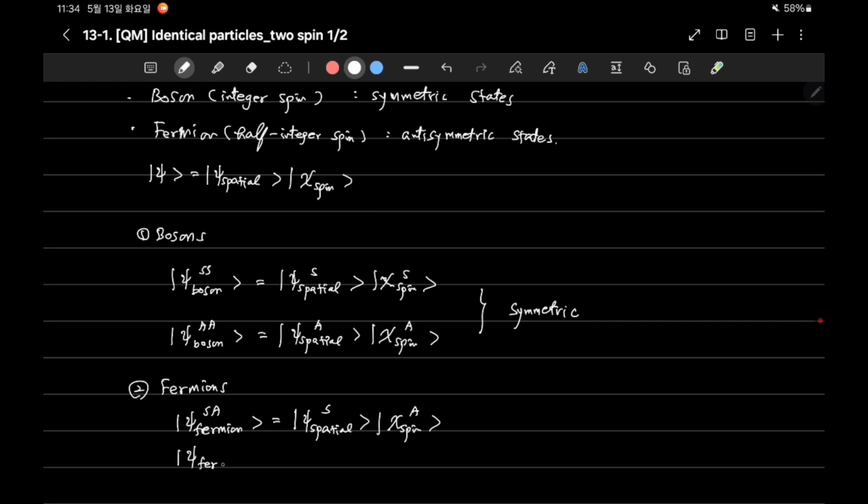In the antisymmetric-symmetric case, the spatial part is antisymmetric and the spin part is symmetric. Then the total wave function is also antisymmetric. So there are symmetric and antisymmetric wave functions, and two kinds of particles. In this chapter we deal with the symmetric and antisymmetric wave function cases.